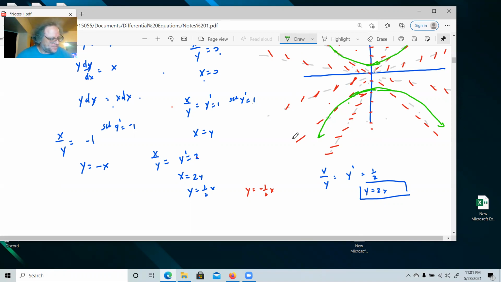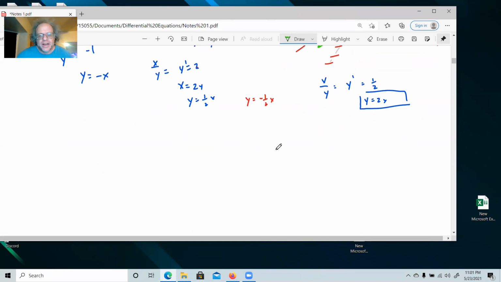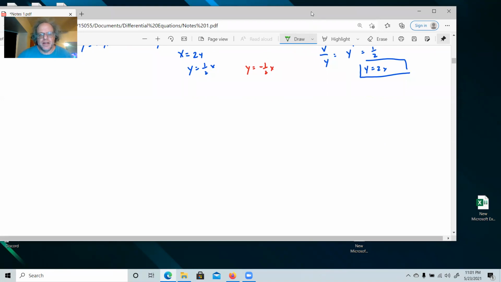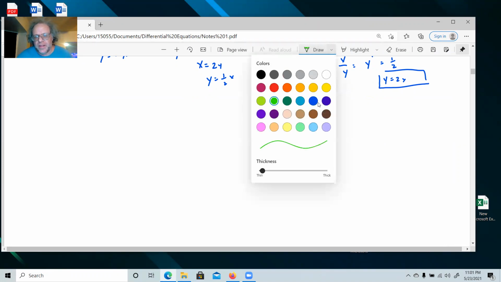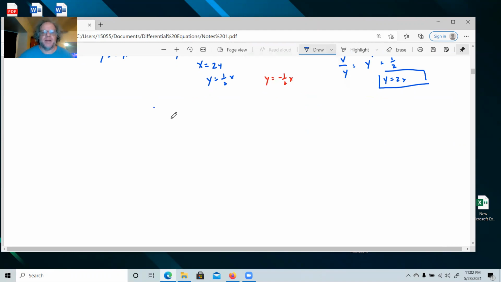All right. So, next idea is something called autonomous curves. This is another graphical technique, and it is used when the independent variable does not make an appearance in the differential equation.